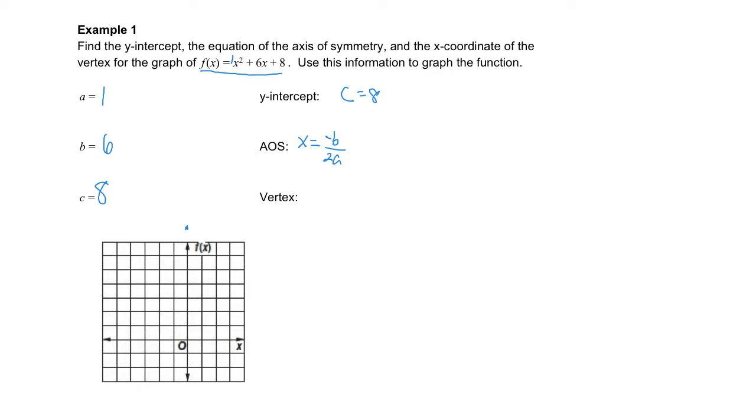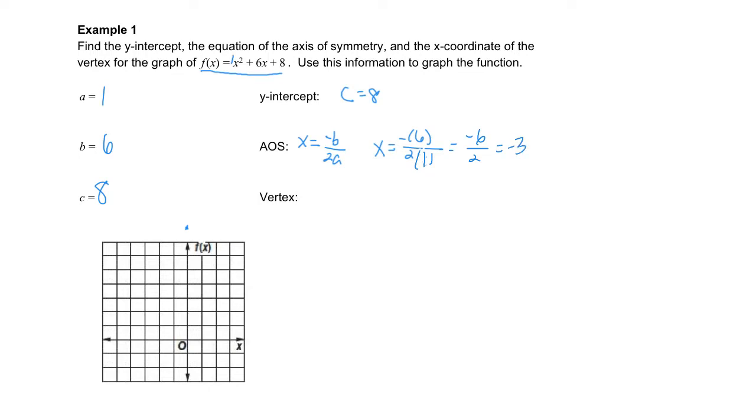So always write x equals negative, and I don't care if your b is negative or not, you're going to put b in parentheses, negative 6 over 2 times a. So 2 times 1. So that is negative 6 over 2, otherwise known as negative 3.